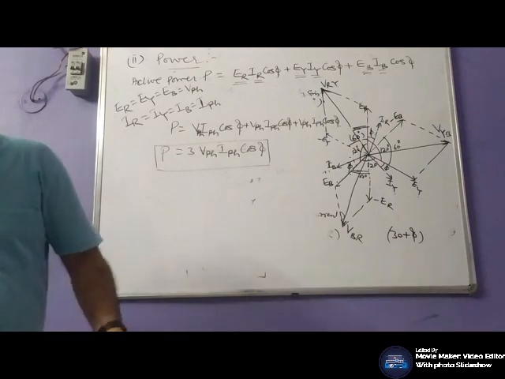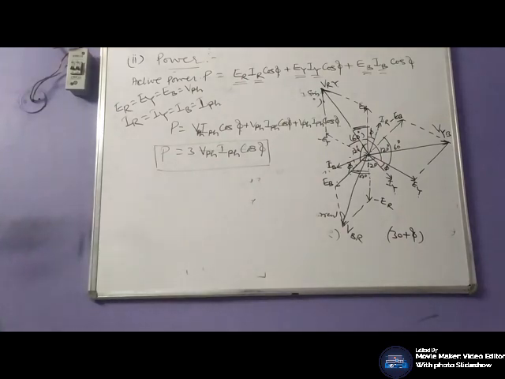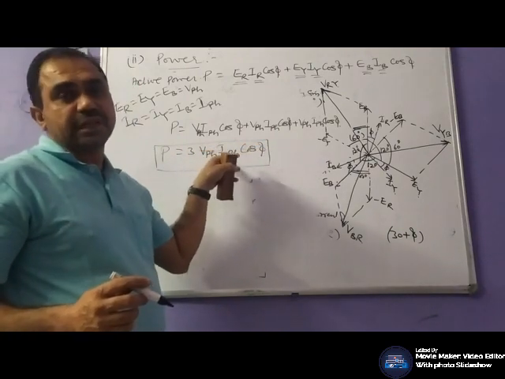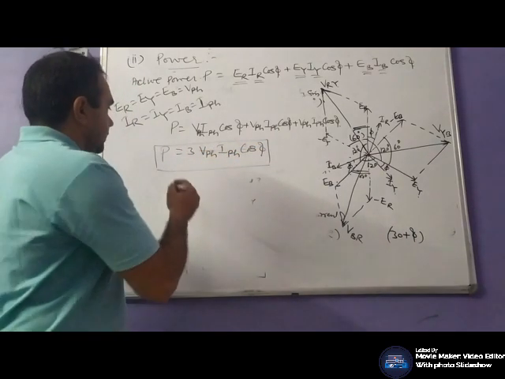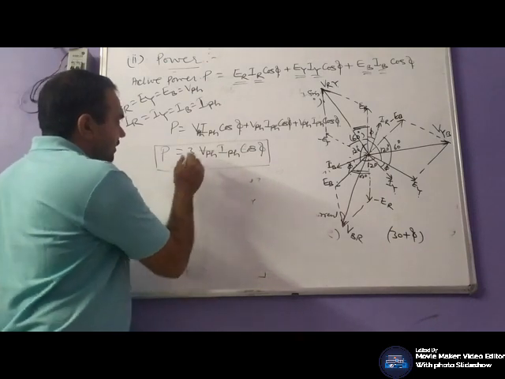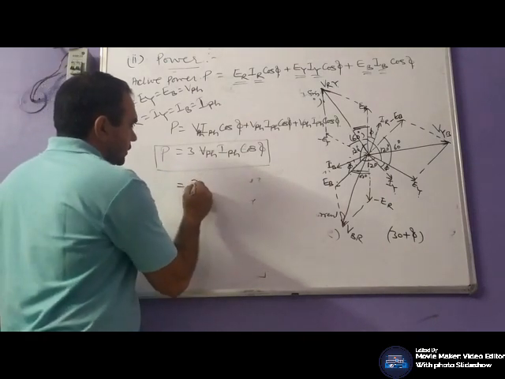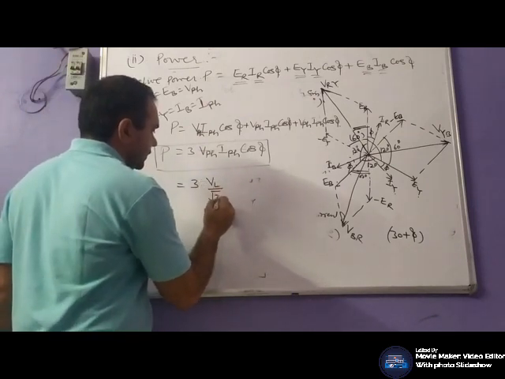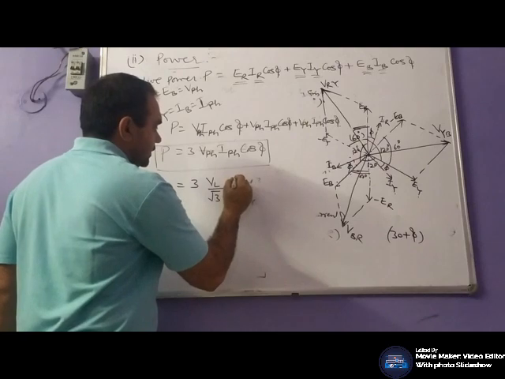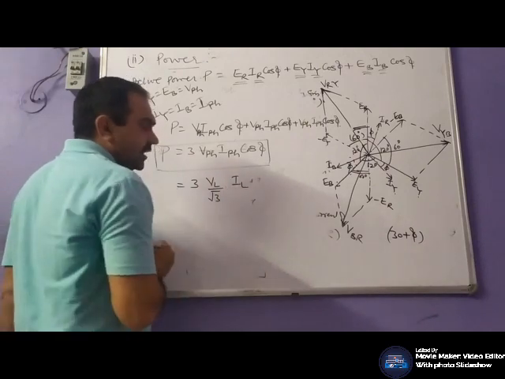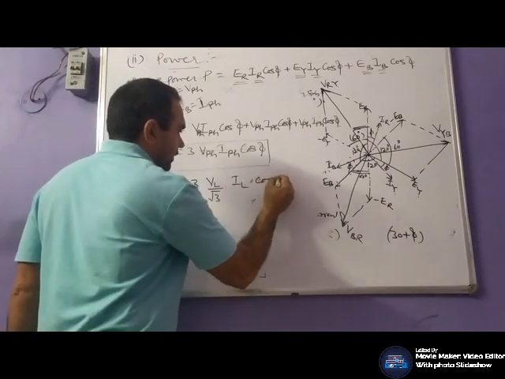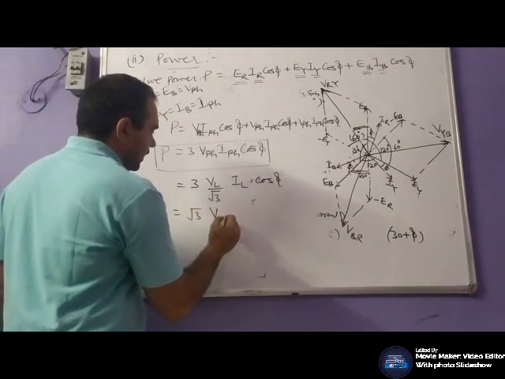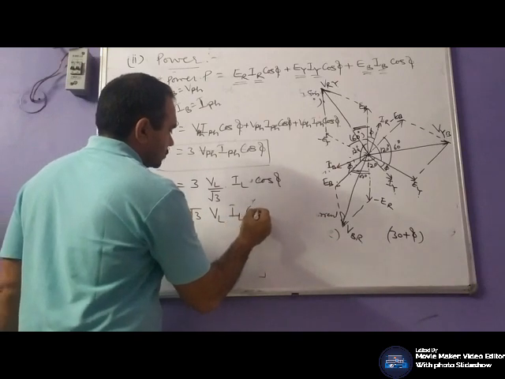Where phi is the angle between the phase voltage and phase current. We know in case of star connection, V phase is VL by root 3, I phase is IL. So your power would be root 3 VL IL cos of phi.